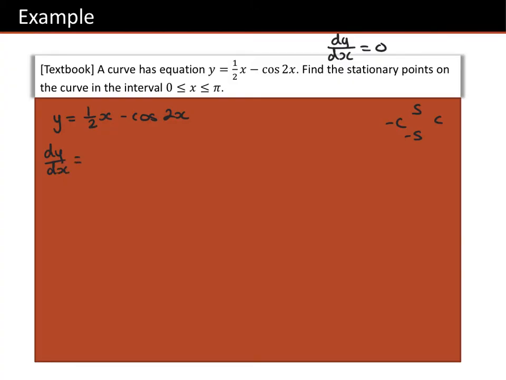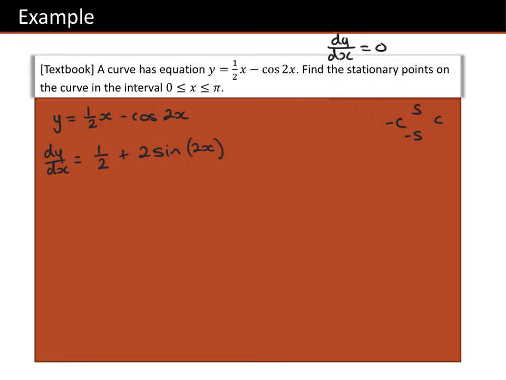A half x differentiates to a half. Minus cos of 2x differentiates, and minus cos differentiates to sine. We need to multiply by the differential of the bracket. 2x differentiated is 2, so we're going to get plus 2 sine of 2x. Okay? So there's our gradient. If we're looking at stationary points, we're trying to find where this equals 0.